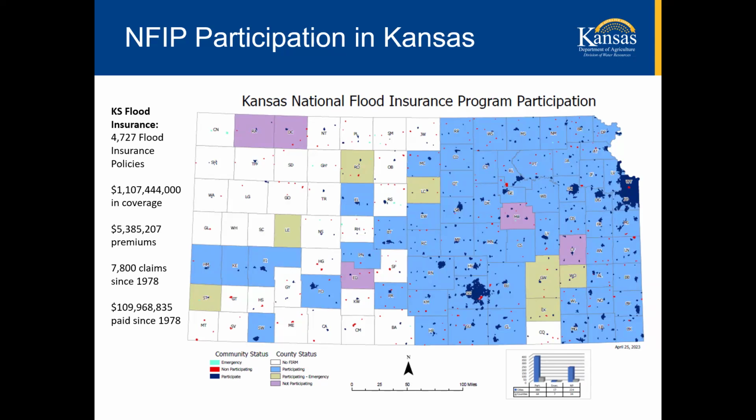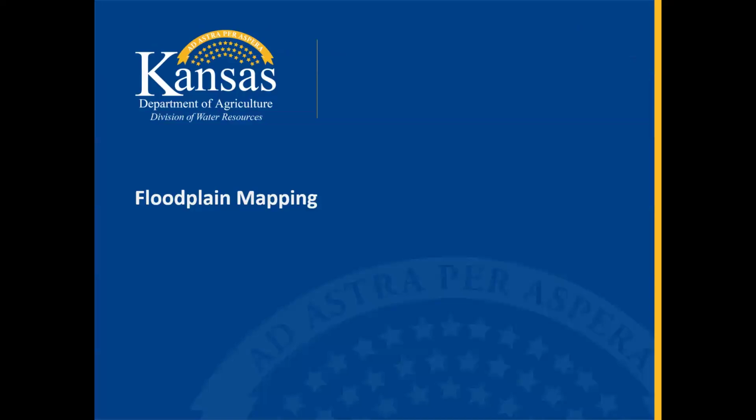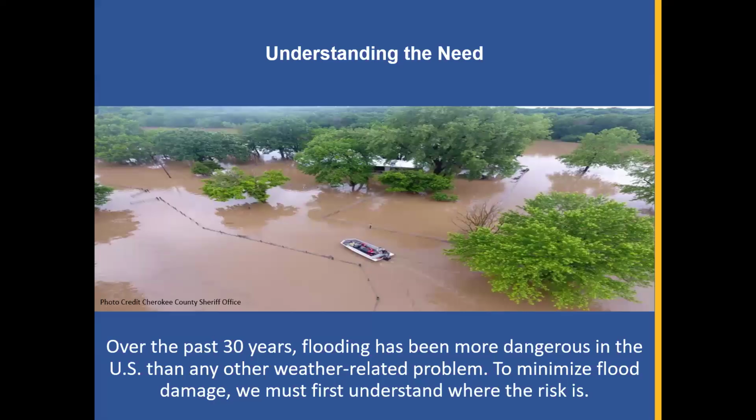But I understand that there's a little disconnect between regulations and flood insurance, and also just the increase in premiums. So, floodplain mapping. Over the past 30 years, flooding has been more dangerous in the US than any other weather-related problem. To minimize damage, we have to understand where the risk is. That's why we've been working to map all the communities and counties throughout Kansas, but it has been taking time.